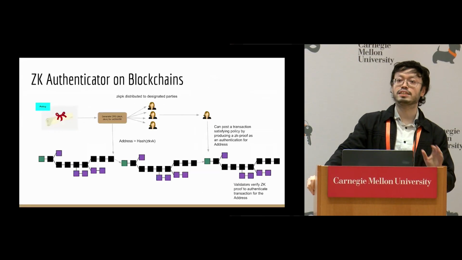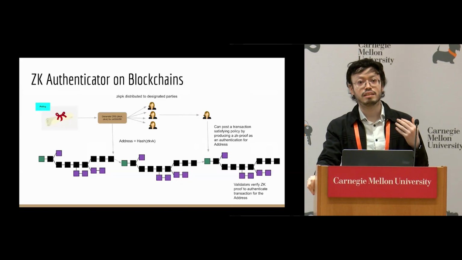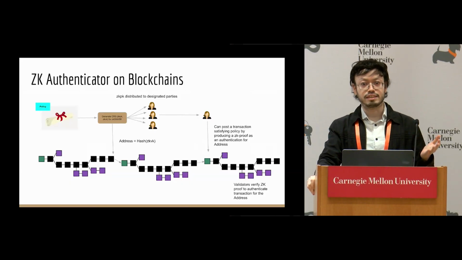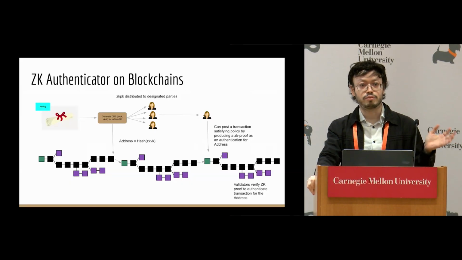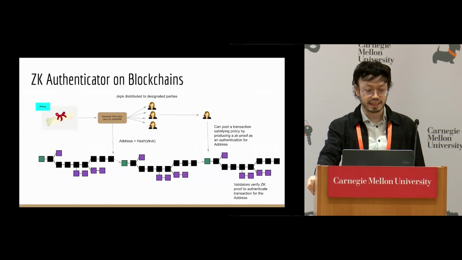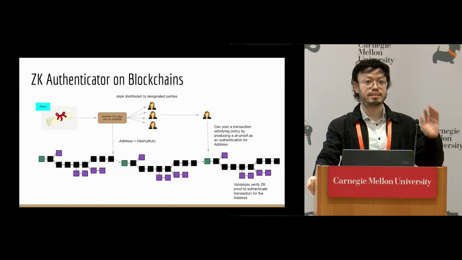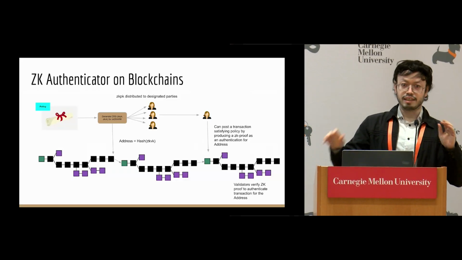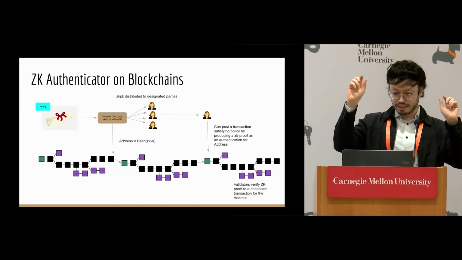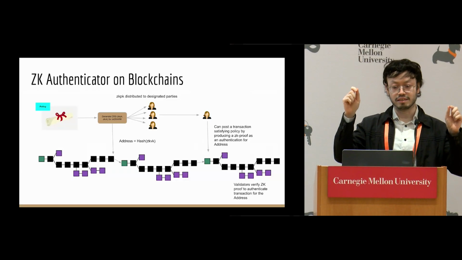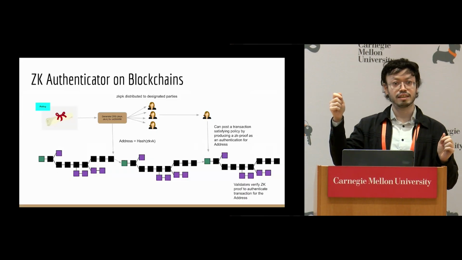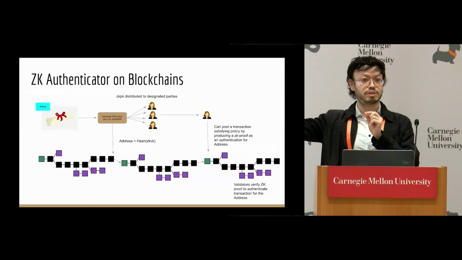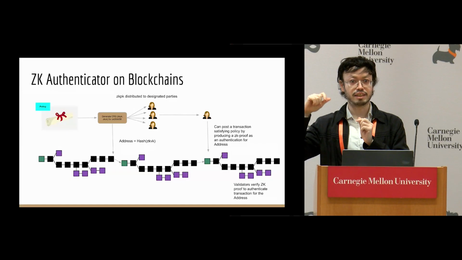Okay, so imagine how you would deploy zkPs as an authentication mechanism for transaction privacy, right? So imagine there is a policy somewhere, okay? The admin of this policy generates the proving key, the verification key, gives the proving key to the transactor, okay?